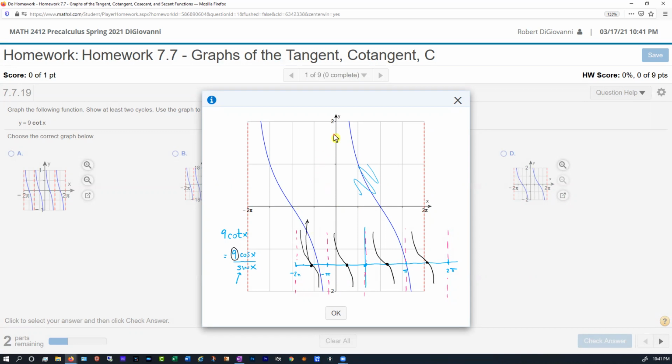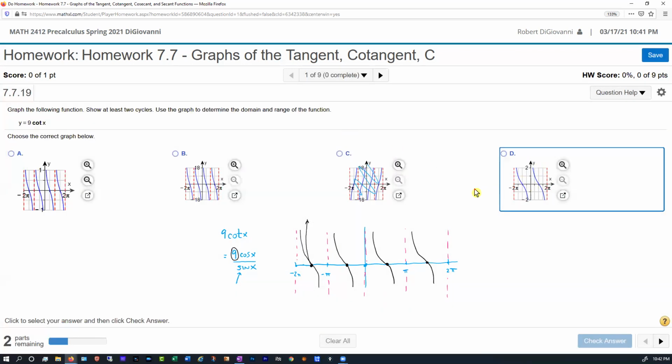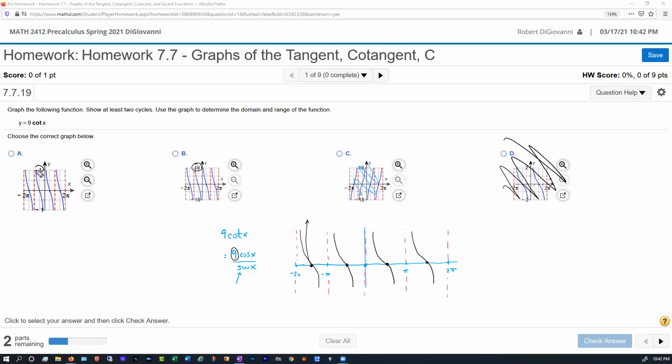We need them at 2 pi, pi, 0, negative pi, and negative 2 pi. So it can't be D. And because the y coordinate here is 18 and this one is 1, this one has had the vertical stretch of 9. So it's going to be B. Let's go with B and check our answer.